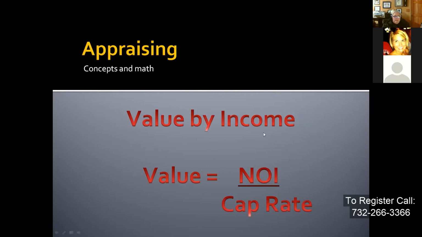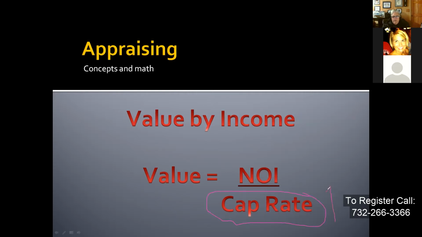The next thing is in the income approach. In the income approach to appraisals, the formula is value is equal to net operating income divided by the cap rate. So here we're going to go again with just regular 9th grade algebra. So if our cap rate, remember the cap rate is on the bottom of the formula now, value is equal to NOI divided by cap rate.